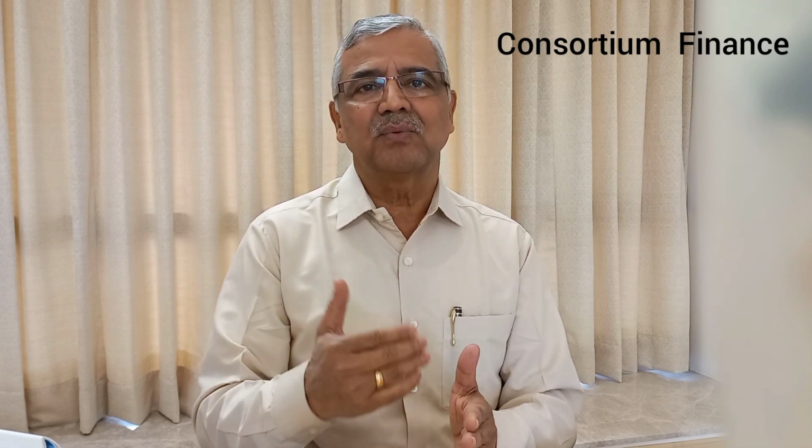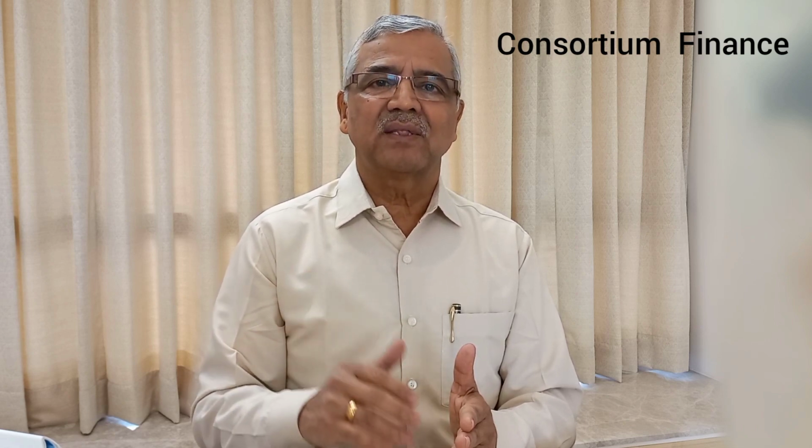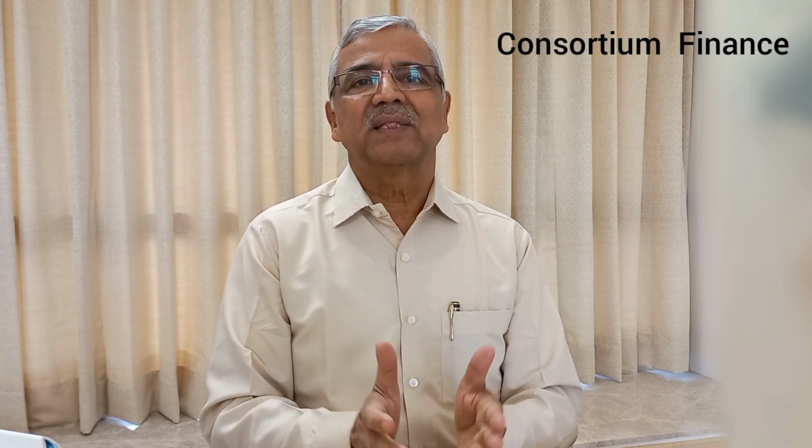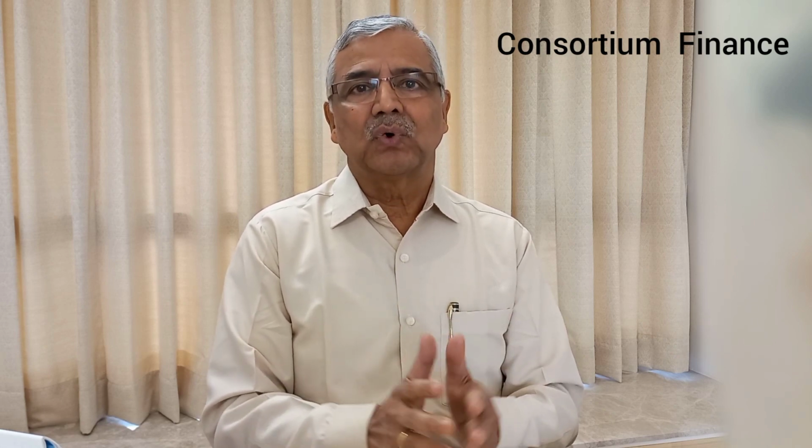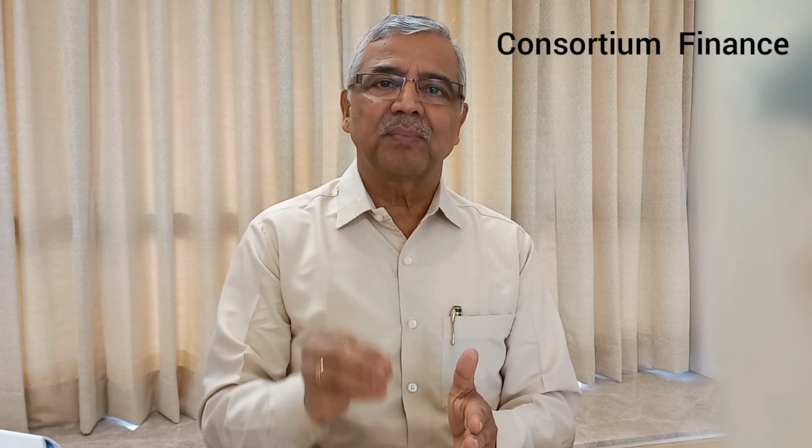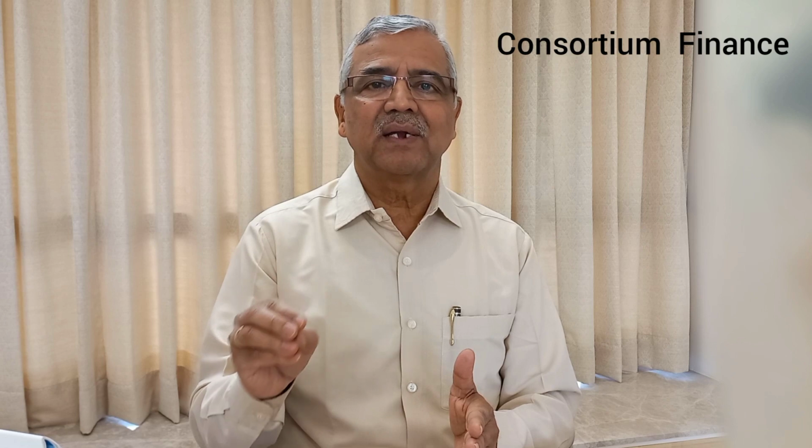Lead bank will receive the application, will scrutinize it, will decide the terms, will complete the formalities, will negotiate with me regarding the terms like interest rate, repayment and all. And all other banks who are in the consortium will decide their share. So all of them will finance me together, but each bank's share will be decided in Consortium Finance.